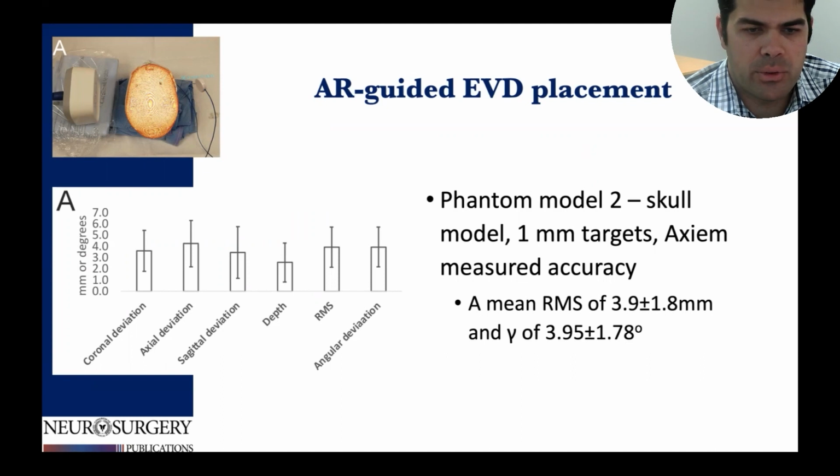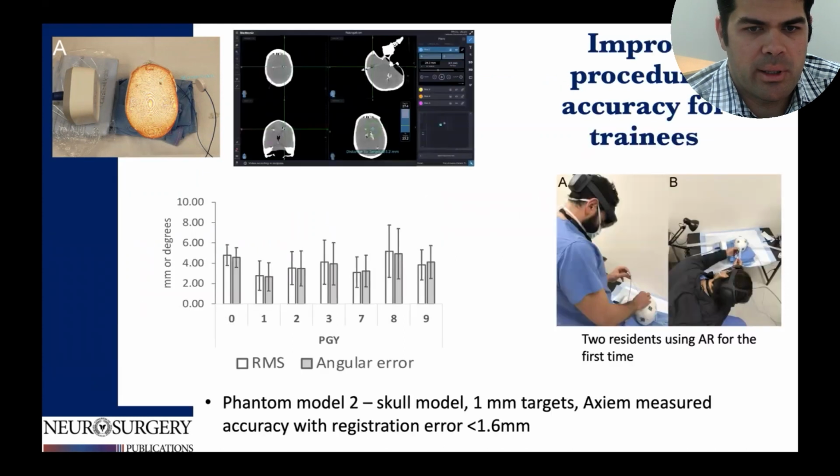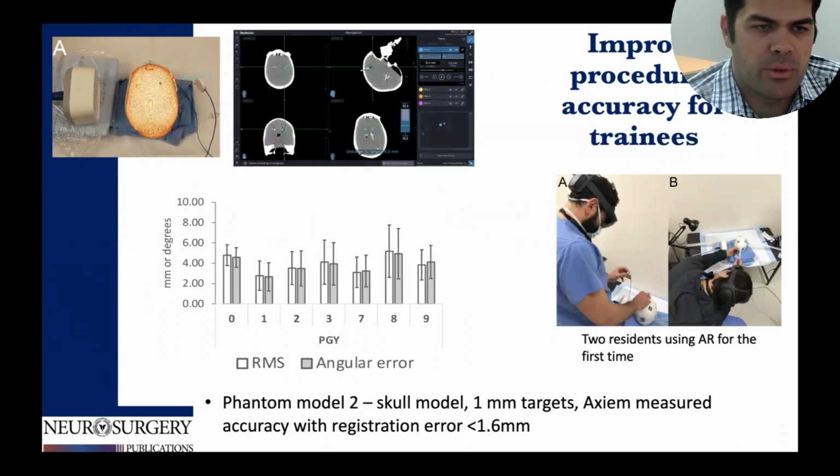But overall, this was pretty reproducible for how accurate the system is. And we could use the Axiom system to do a lot of other types of analysis. So one thing that we did was look at different levels of PGY residents, all the way from medical students through fellows.